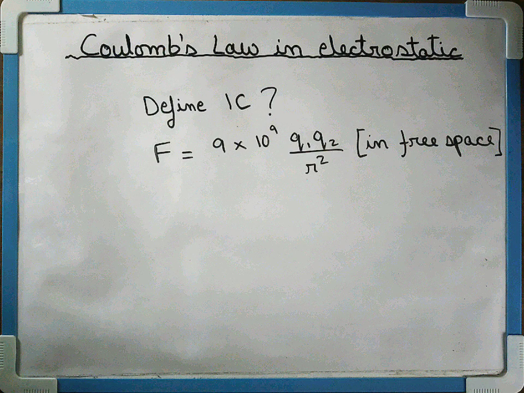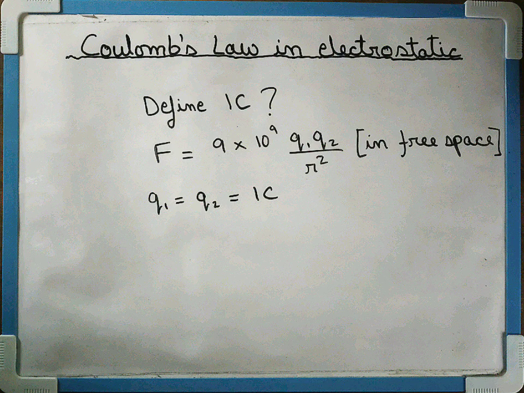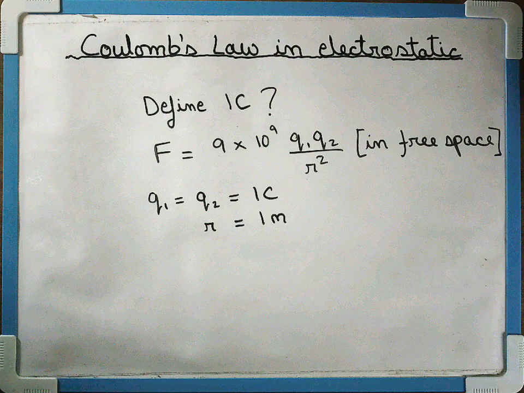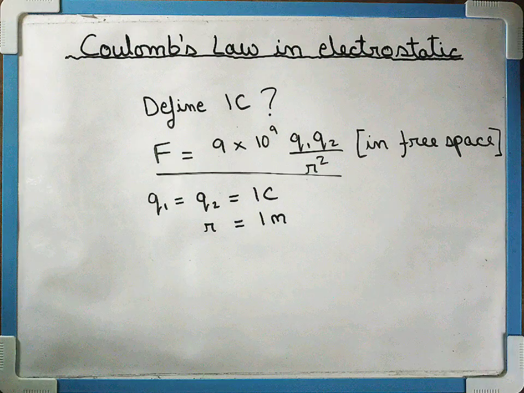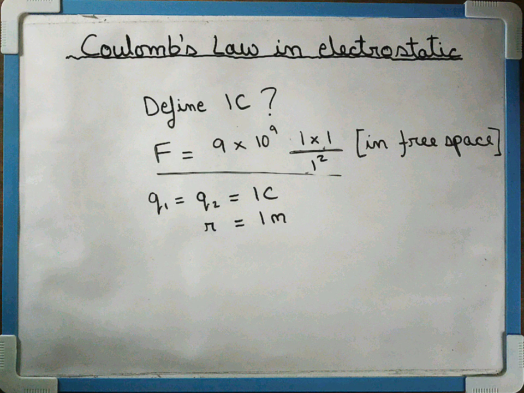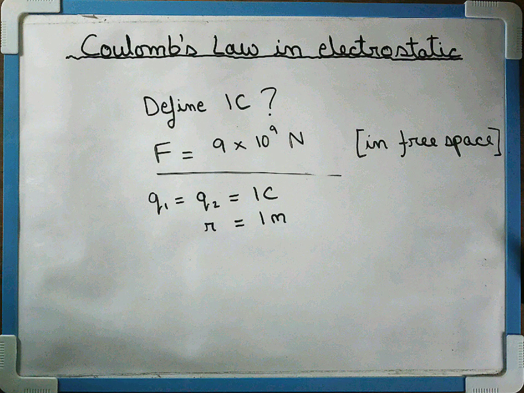Now if you put Q1 and Q2 equal to 1 Coulomb, and the distance r between the two charges equal to 1 meter, then F will be equal to 9 into 10 to the power 9. 1 times 1 gives 1, and r equal to 1 also gives 1. So you'll get a force equal to 9 into 10 to the power 9 Newton.